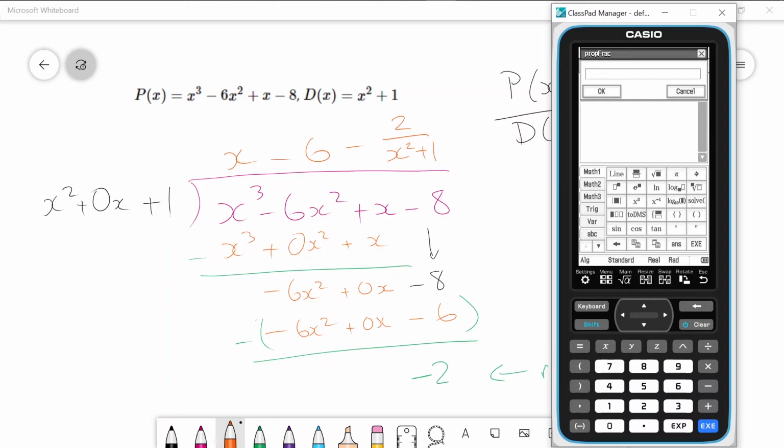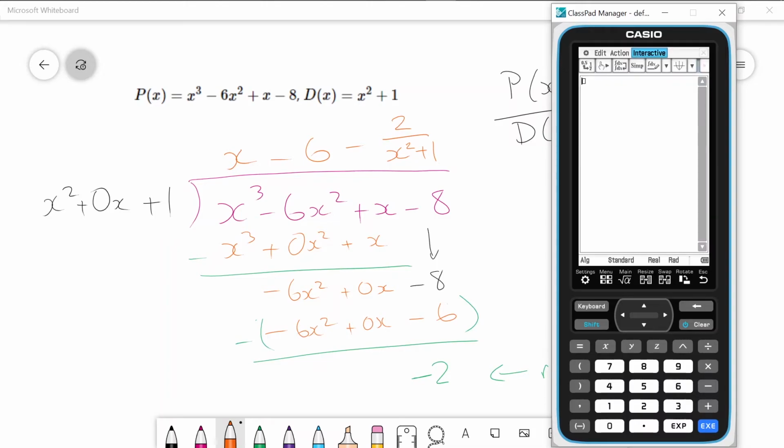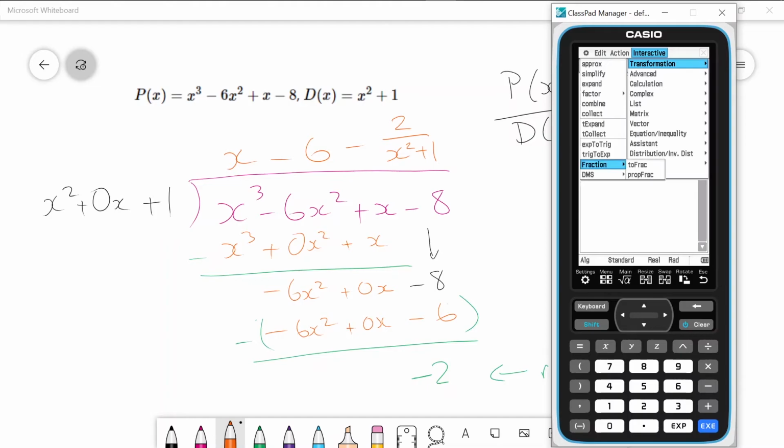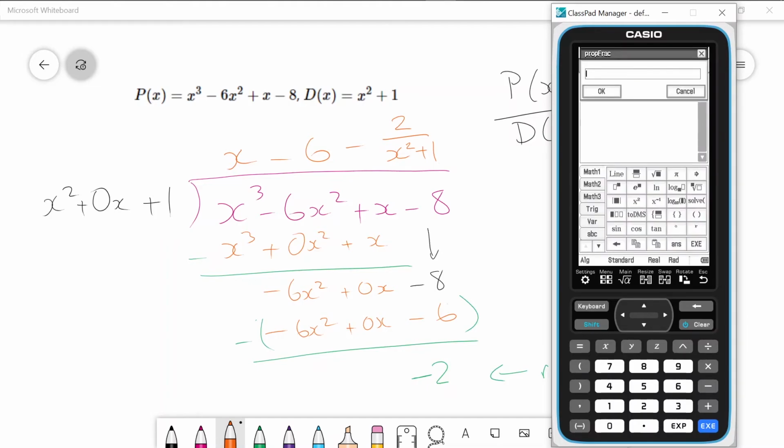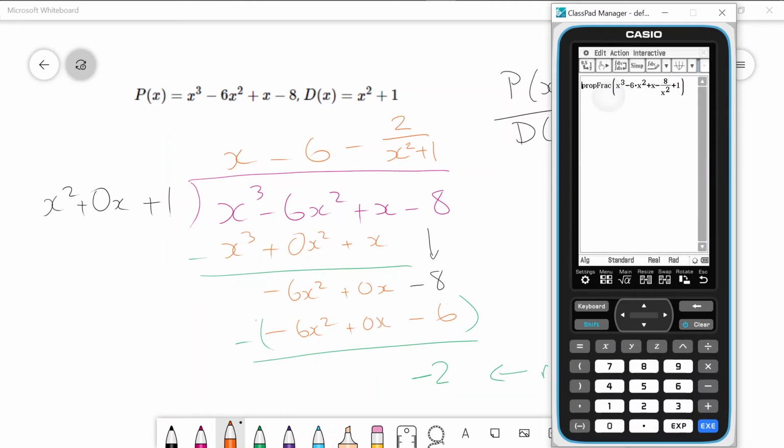So I'm just going to cancel. I was going to type it up here: interactive, transformation, prop frac, and I want to put in my whole equation. So it was x cubed minus 6x squared plus x minus 8 divided by x squared plus 1. Hit OK.